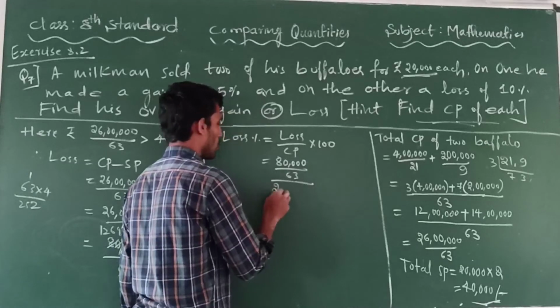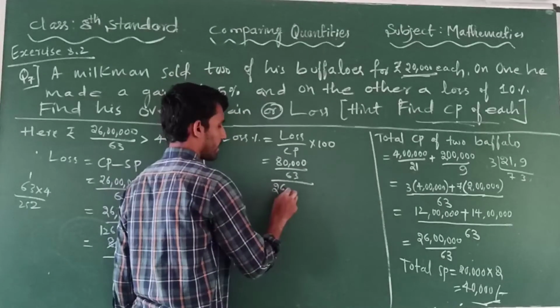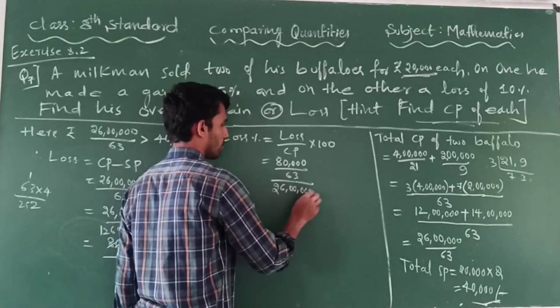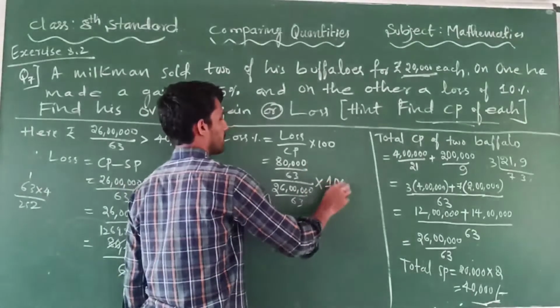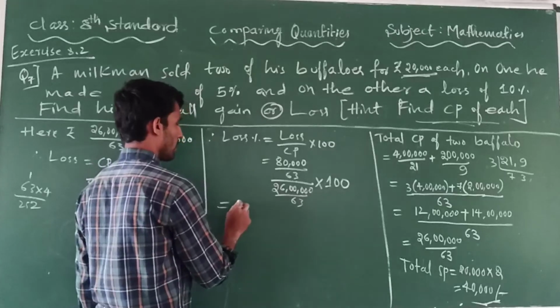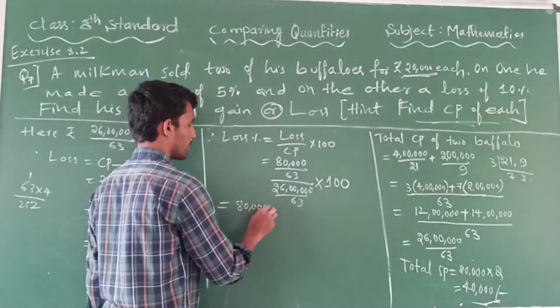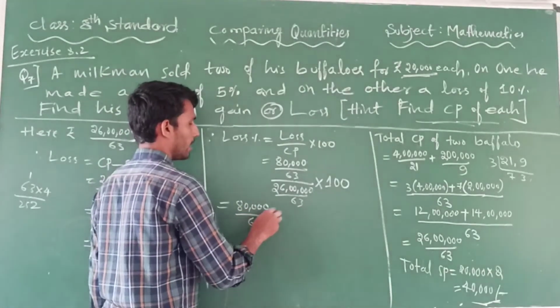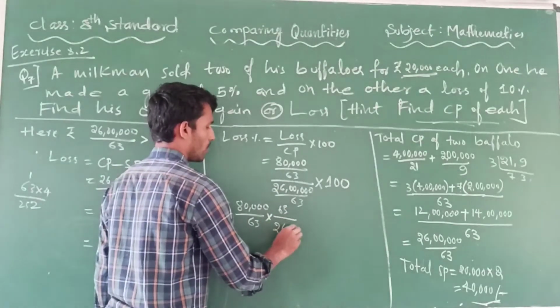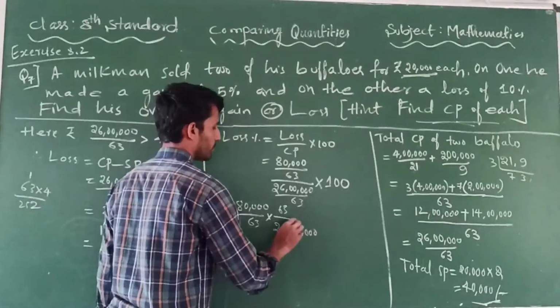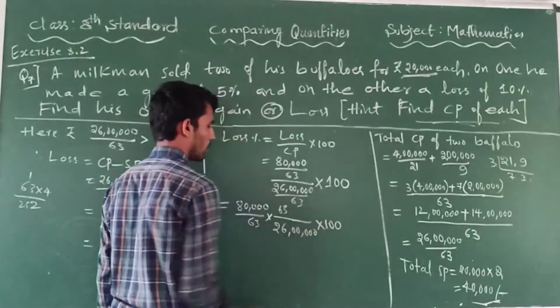Loss percentage is 80,000 by 63 divided by 26 lakh by 63 into 100.